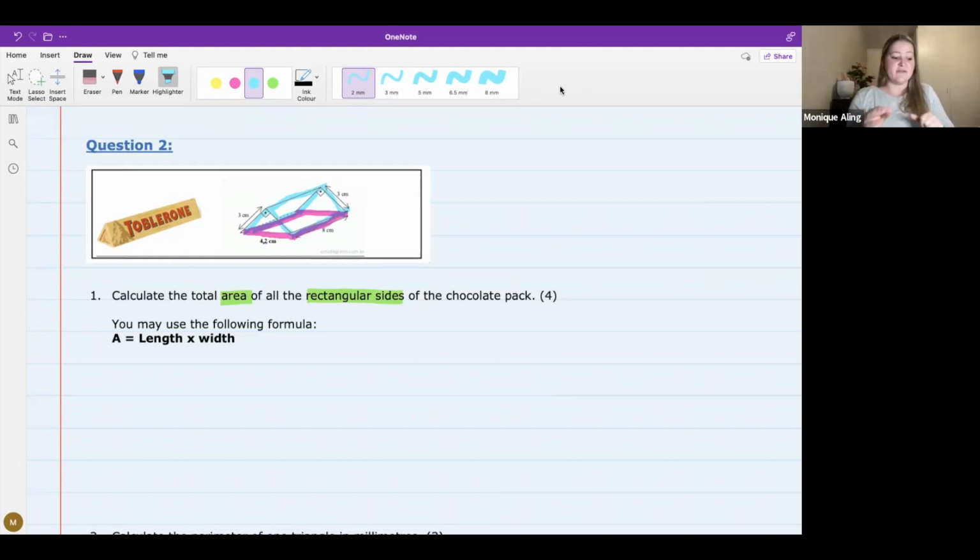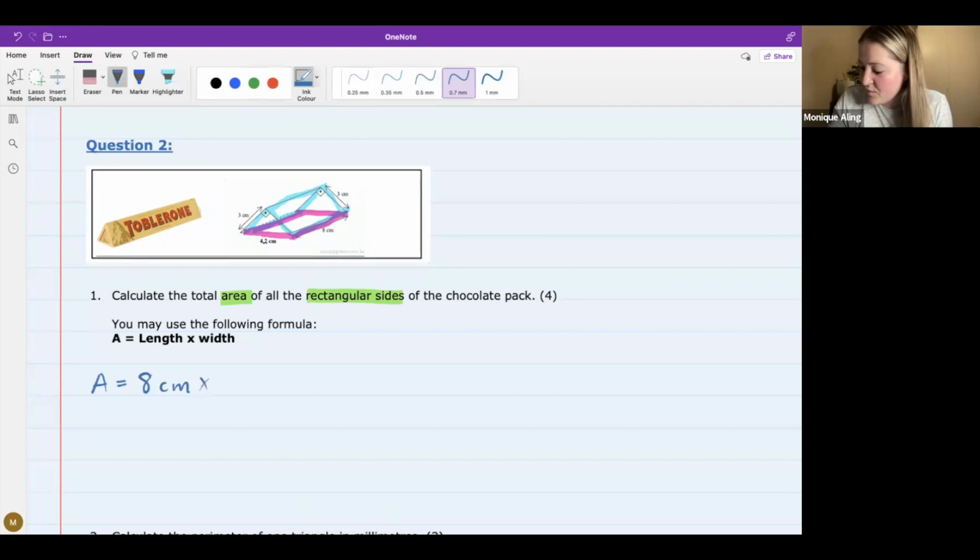The first thing is to realize that there are 3 rectangles on the sides of this triangular prism. We've got 2 triangles on either end, but then there are 3 rectangles that make up the sides of this shape. If we have a look at the pink rectangle that I outlined, it has a length of 8 centimeters and a width of 4.2 centimeters.